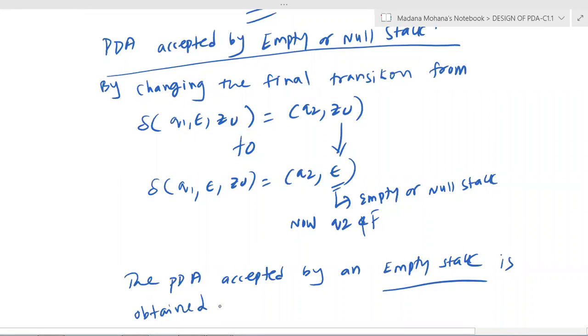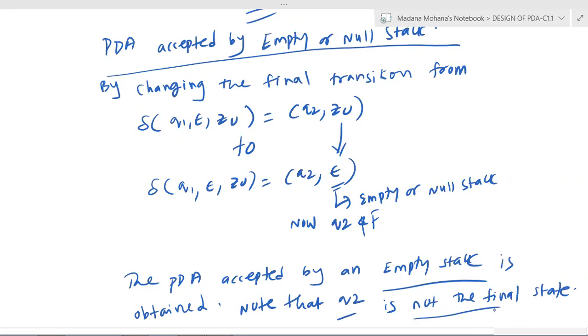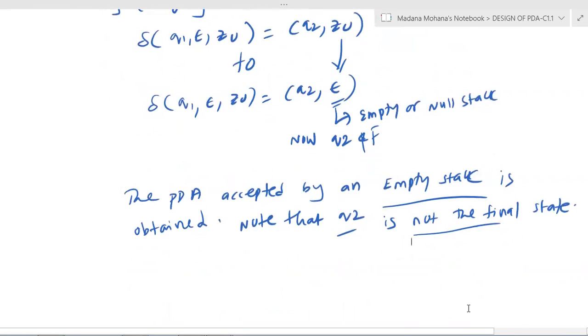Note that Q2 is not the final state. Now take the same string whose acceptance we verified, you can test it with this modified PDA. Now you can redraw its transition diagram also by changing only the last transition. Remaining all are the same. There is no change.